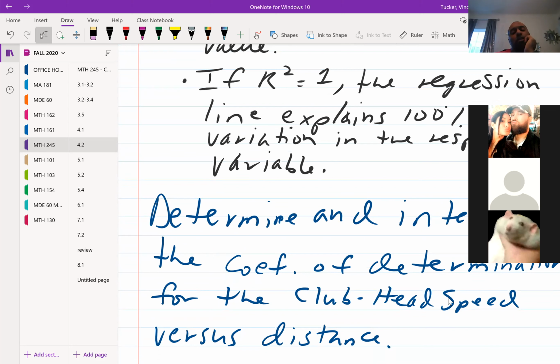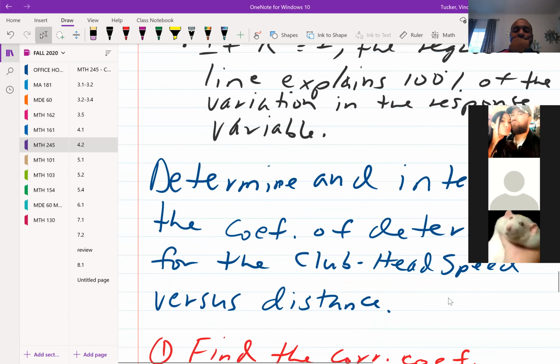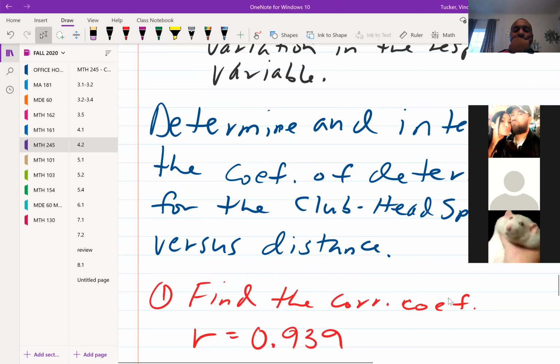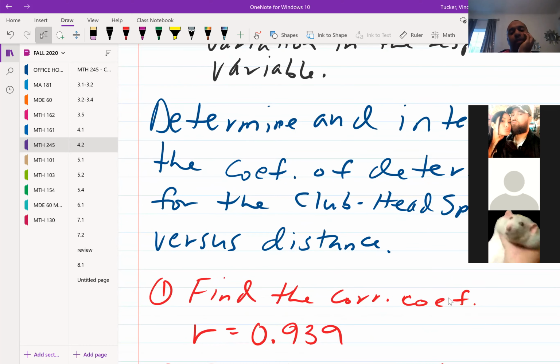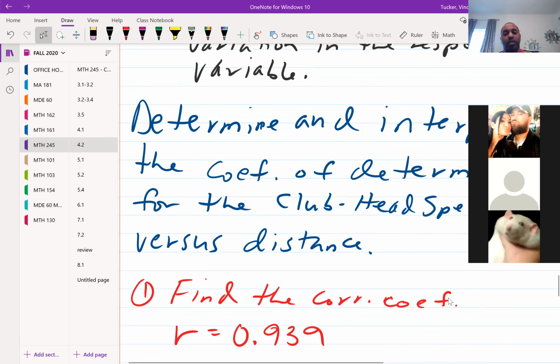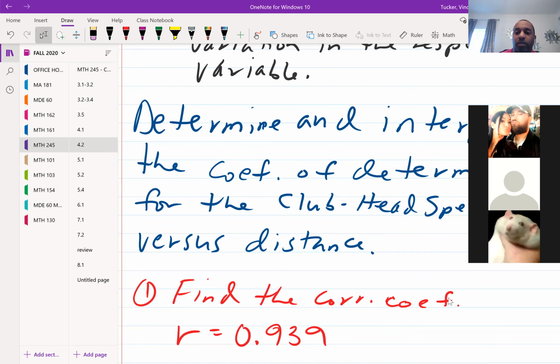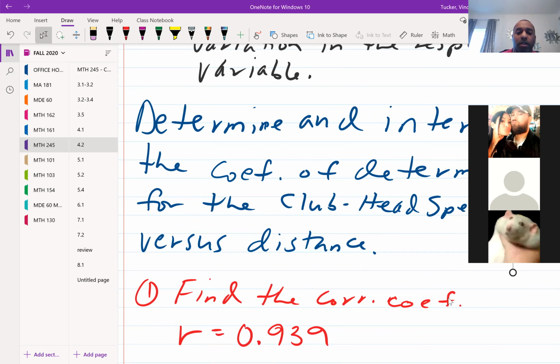All right, so let's determine and interpret the coefficient of determination for the club head speed versus the distance. Once again, we're going back to our club head speed and the distance the ball travels. Whenever you're trying to find the coefficient of determination, the first thing you have to find is the correlation coefficient, your lowercase r.